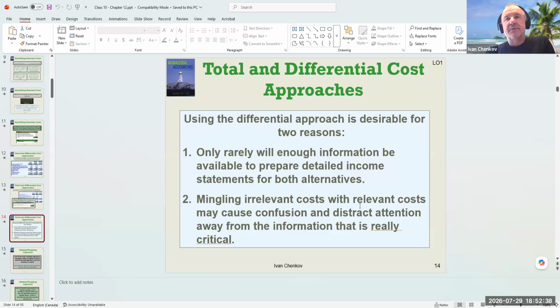And playing with the relevant and irrelevant costs might be confusing, and it might be a reason for preparing reports which are not accurate, and then making your decisions based on inaccurate reports.